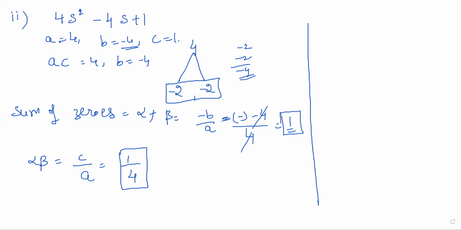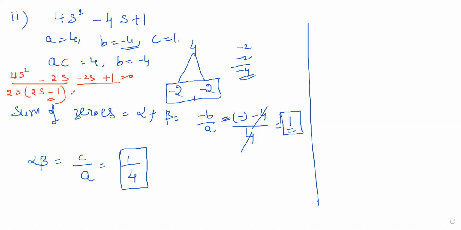Let us see. Already we have found out the roots. Still we have to complete this, right? 4s square minus 4s plus 1 is equal to 0. I am going to split the middle term as minus 2s minus 2s plus 1 is equal to 0. See what is common here? 2s is common. So one more is 2s minus 1. See here we are getting minus 1, but in the next term we are getting a plus sign.